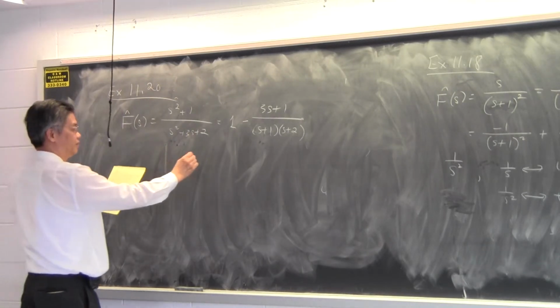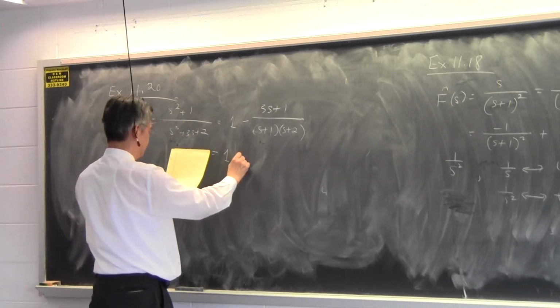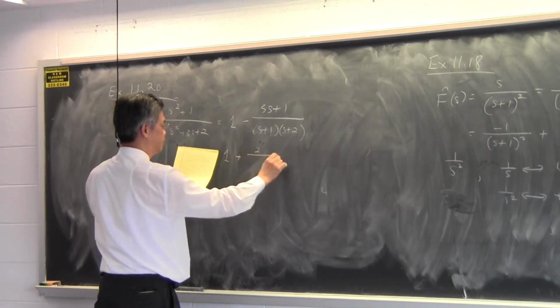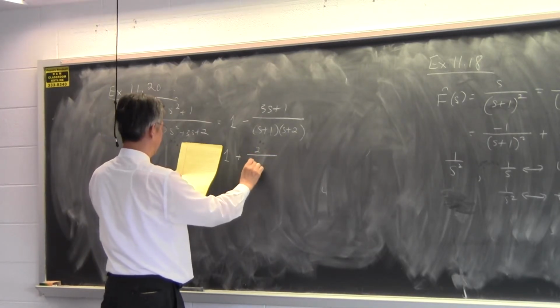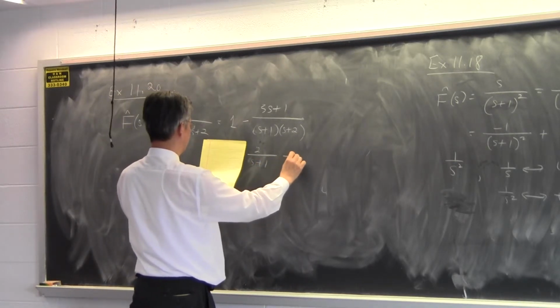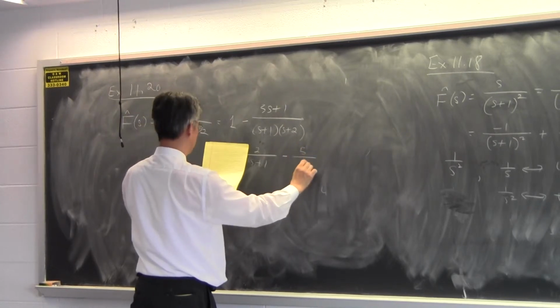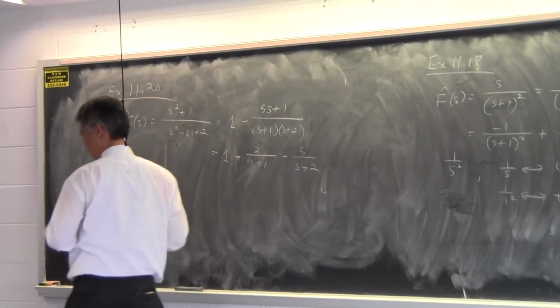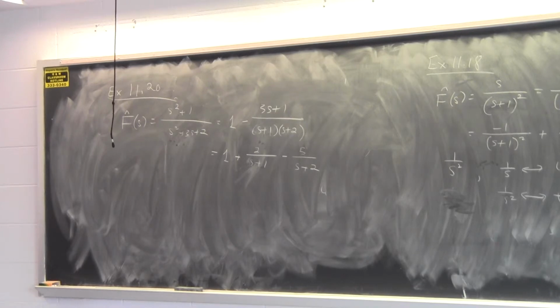Okay, next thing I need to do is to do a partial fraction. So I get 1 plus 2 over s plus 1 minus 5 over s plus 2. I get 5. I'm not sure if I get it correct. Okay. Yeah, it seems that it's 5, okay?